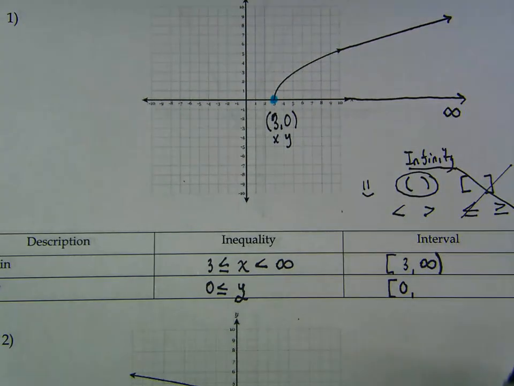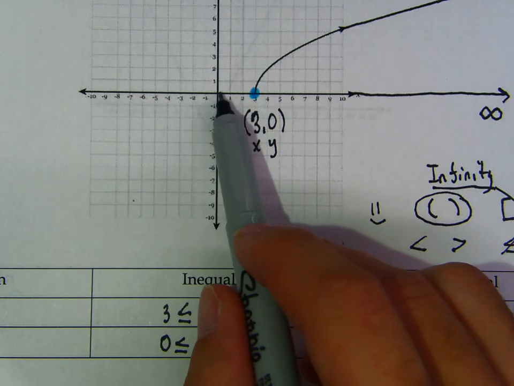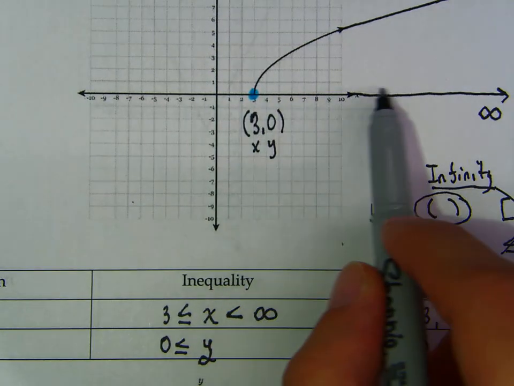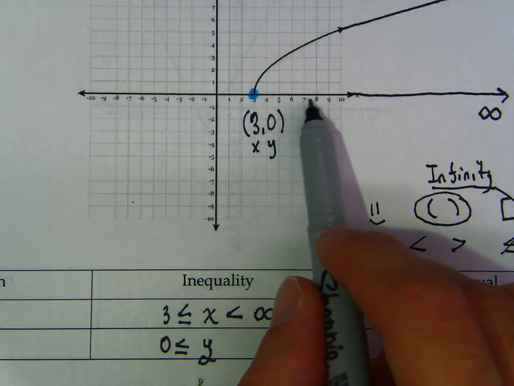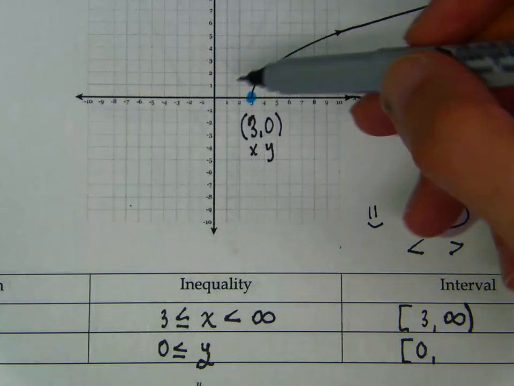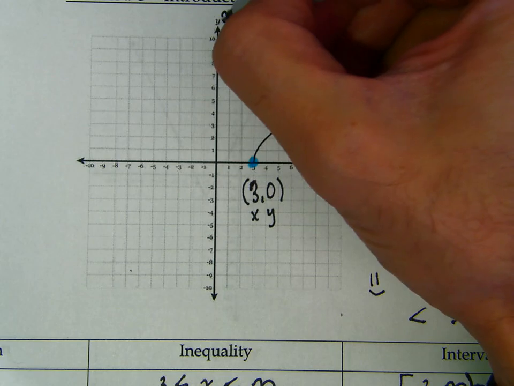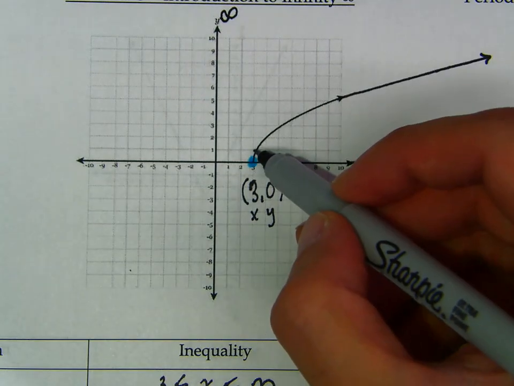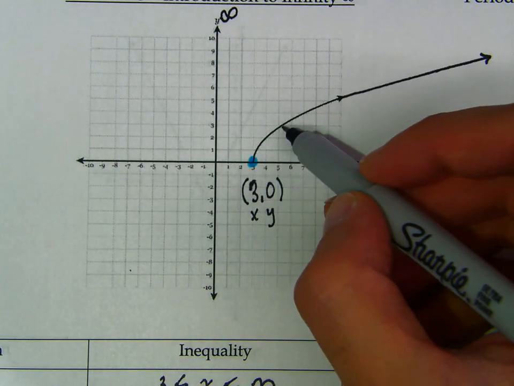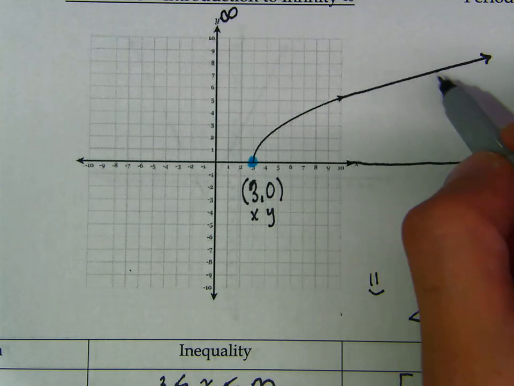Well, when we were looking at domain, you see how we were looking at the infinity? We were going like this, and you see it went 3, 4, 5, 6. It kept going to positive infinity for the x. Well, let's look at the y. How high is this graph going? It's going to 1, 2, 3, 4, 5, 6, 7.